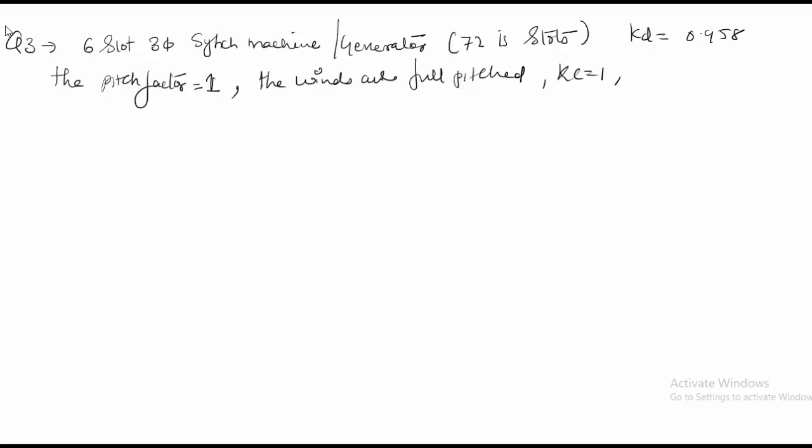Now the conductors per slot is equal to 10, and flux per pole is equal to 0.04 Weber per pole.